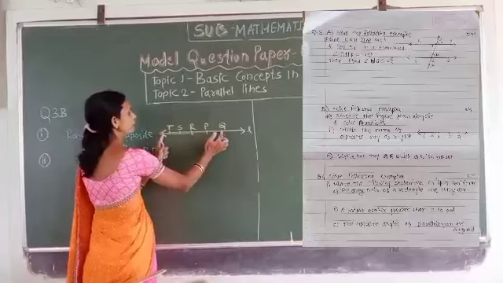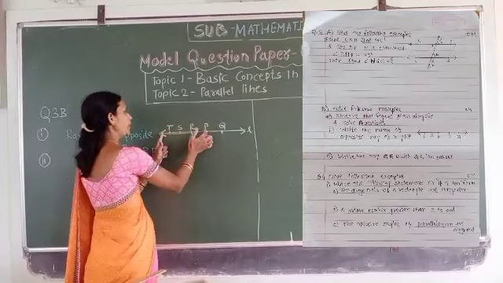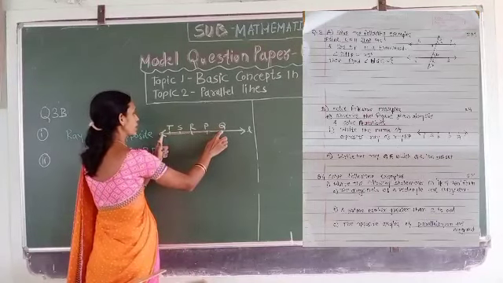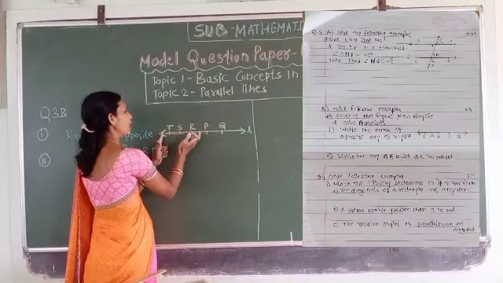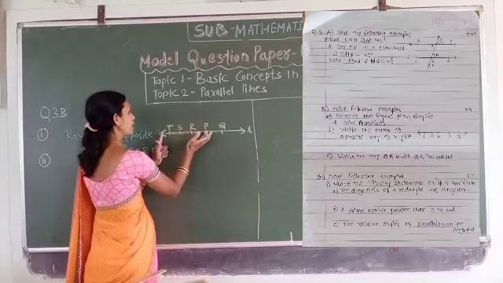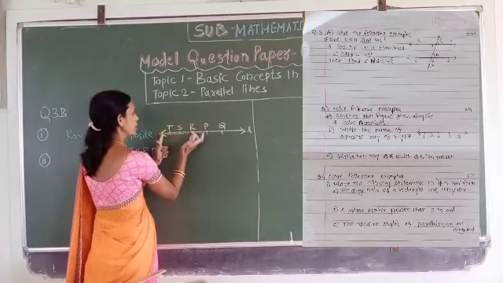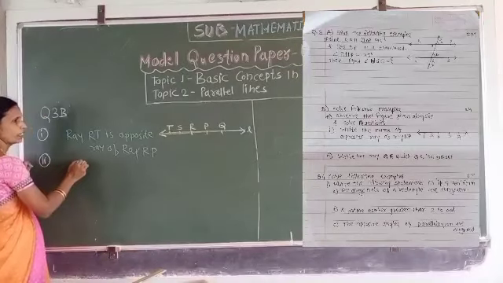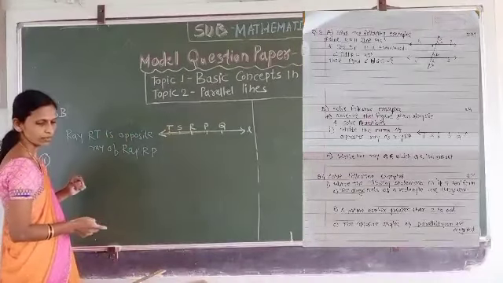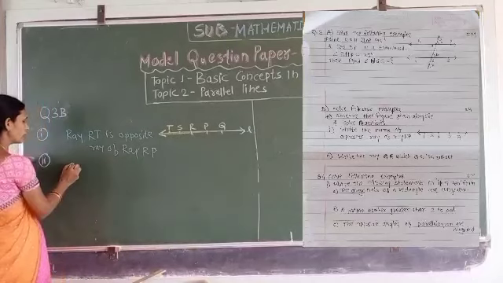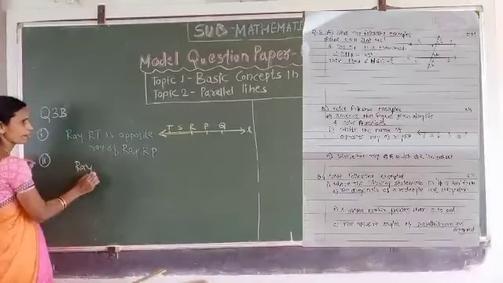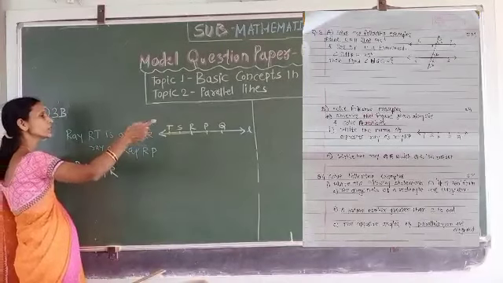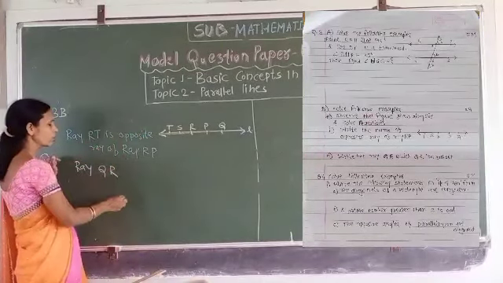Then see here, ray PT is a subset of ray QR. Ray RT, ray PS, ray ST are a few subsets of ray QR. Ray QR is also one of the rays which is a subset of ray QR.